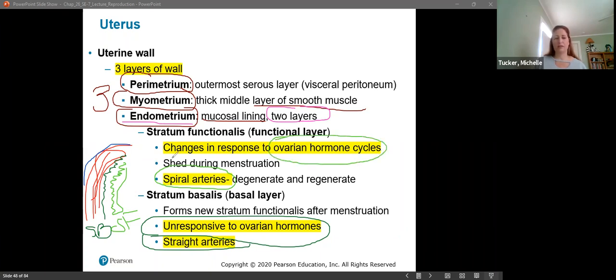It is also the layer that is shed during the menstrual cycle. So you do need to know the characteristics of stratum functionalis, as well as the characteristics of stratum basalis.